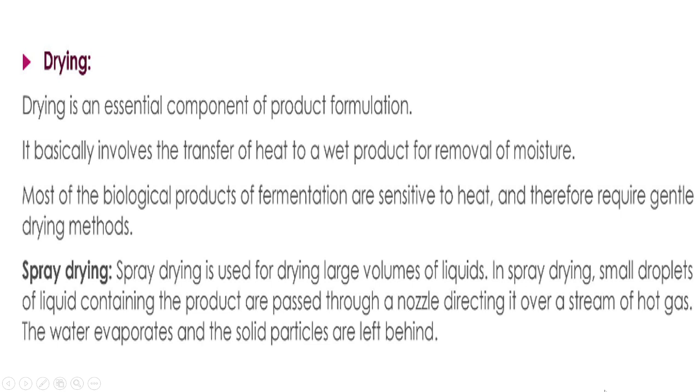If it is heat labile, you will use a very, very low temperature for drying. Spray drying is a technique where you will be using a large volume of liquid. You will be spraying it as small droplets, and it will be passing through a stream of hot gas. This hot gas will evaporate the water in the droplets, and the solid particles will be left behind.